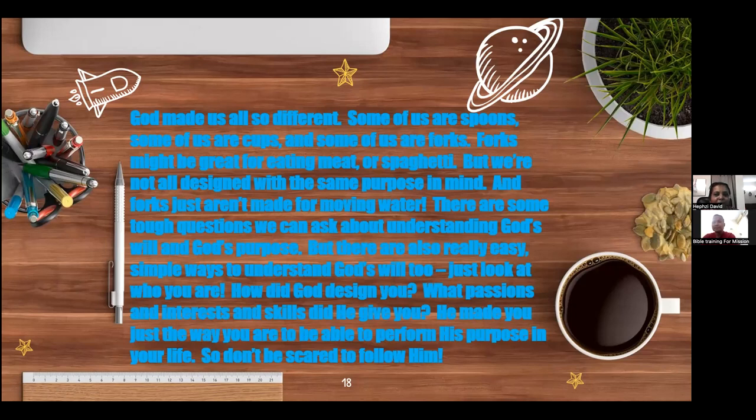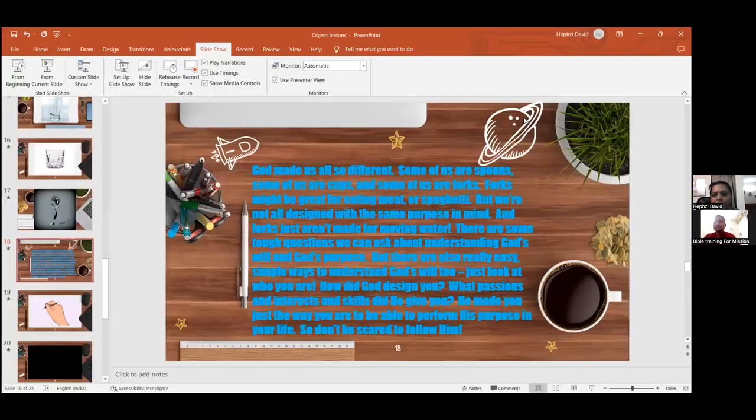But believe that definitely if you have trained yourself and answered God's call to be an ESL teacher, God will definitely fulfill his purpose through you, even though you might think I'm so unworthy, or I'm just like this fork, I cannot be used at all places.